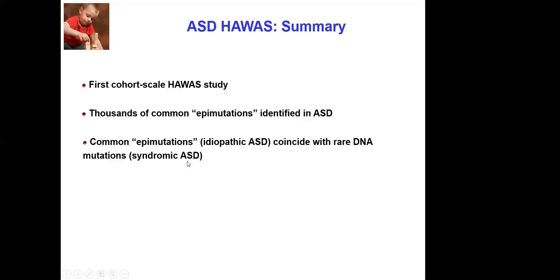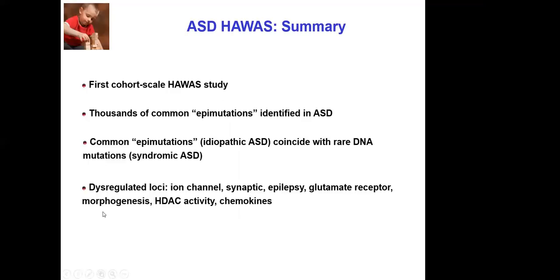So that's another level of unification across the autism diversity. And then the dysregulated loci, some of them were the usual suspects: ion channels, synaptic, epilepsy, glutamate receptor, and so on. Some of them were a bit more interesting: HDAC activity, chemokines, morphogenesis, which all have some vague role from mouse studies, but they're not so well known in autism.